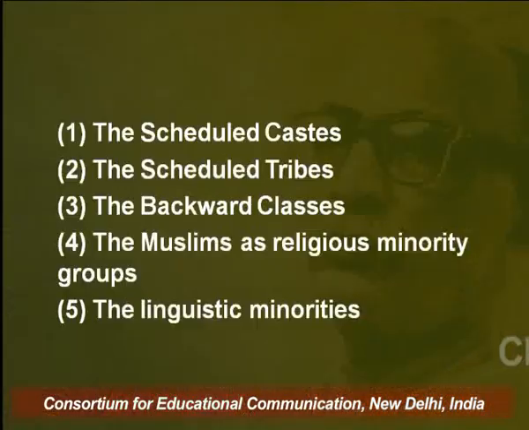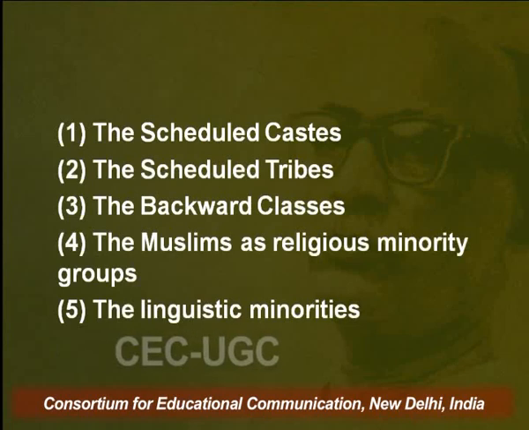In modern society, there are five sources of danger to our national unity, coming as they do from a sense of excessive attachment with the group. So Ghurye was of the opinion that the threat to unity, the threat to the nation, comes from certain identities that we have, and these identities are of scheduled castes, scheduled tribes, the backward castes, the Muslims, that is religious identity, and the linguistic minority.